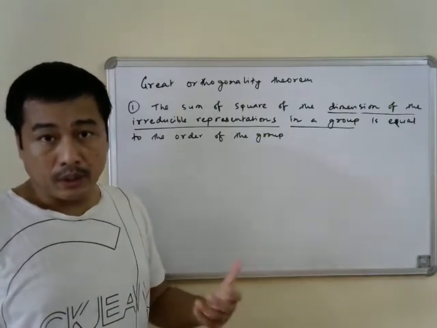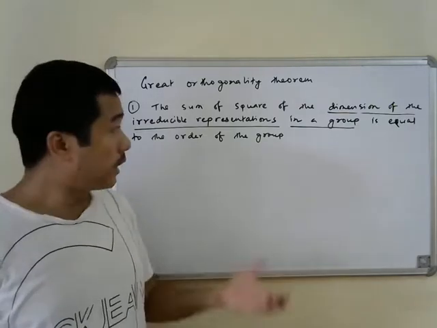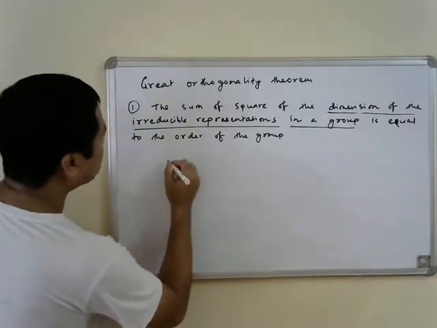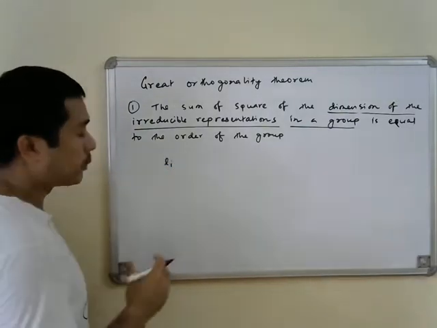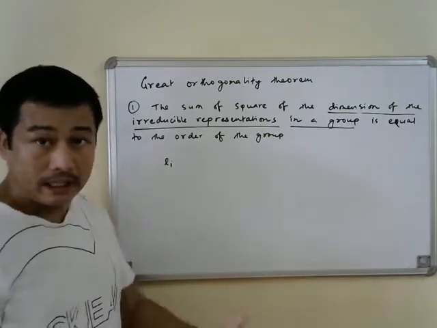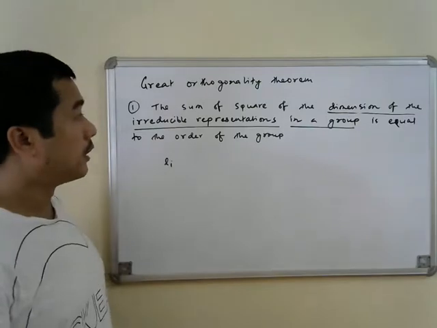So we will use the symbol Li to represent the dimension of an irreducible representation.